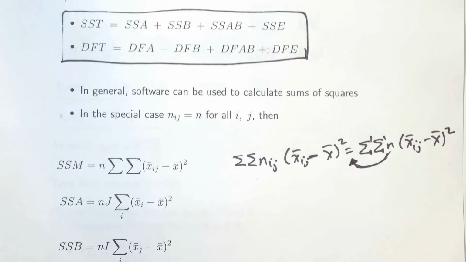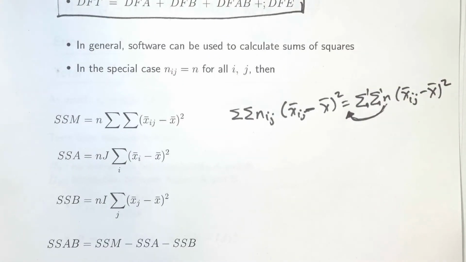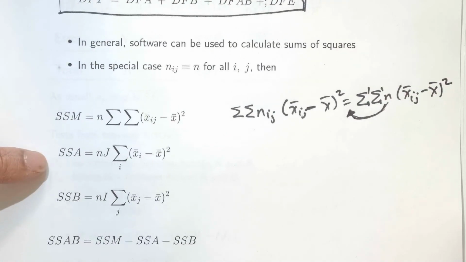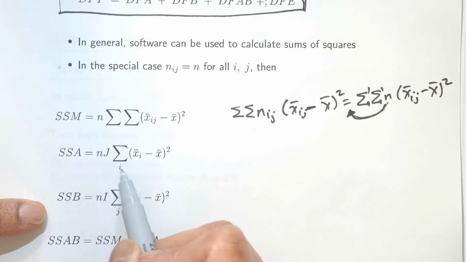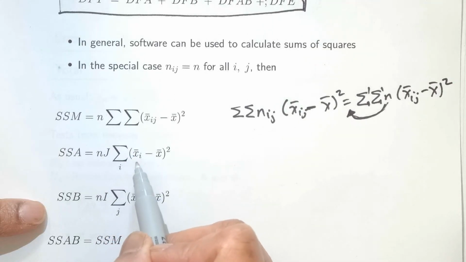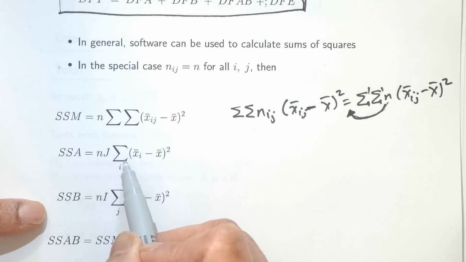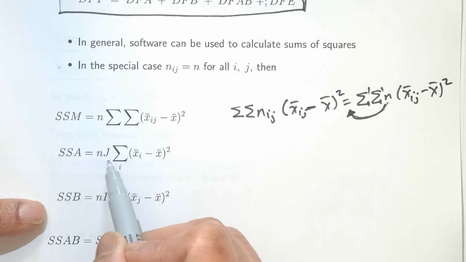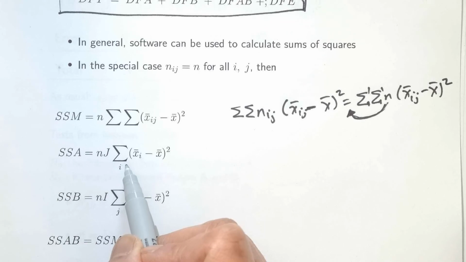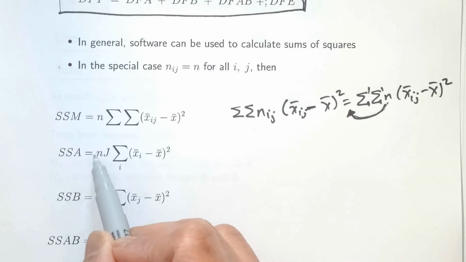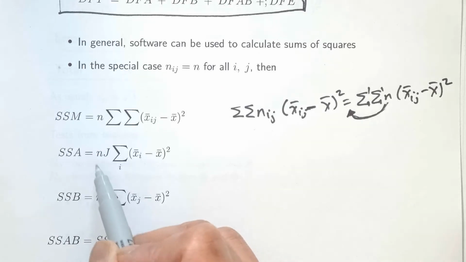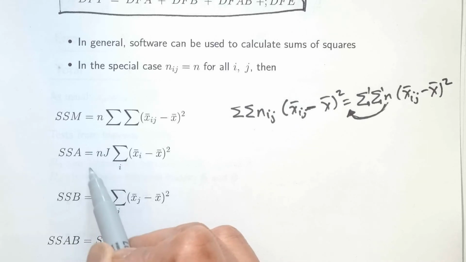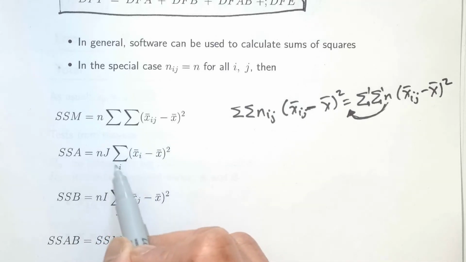And we can play the same game for looking at the sum of squares for A and the sum of squares for B. We would have had this double sum for I and J, and there would have been an Nij in there, but we replace it by n. Actually, we would have had the total sample size for J, and it turns out that we'll have capital N times capital J of these terms.